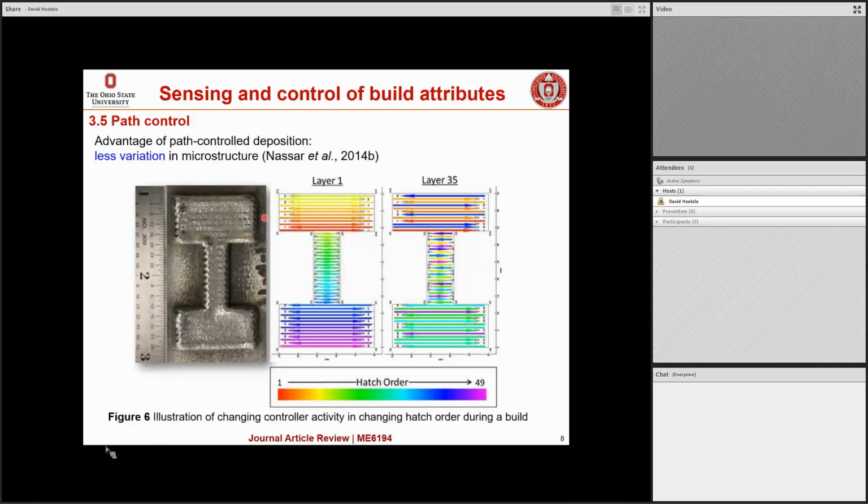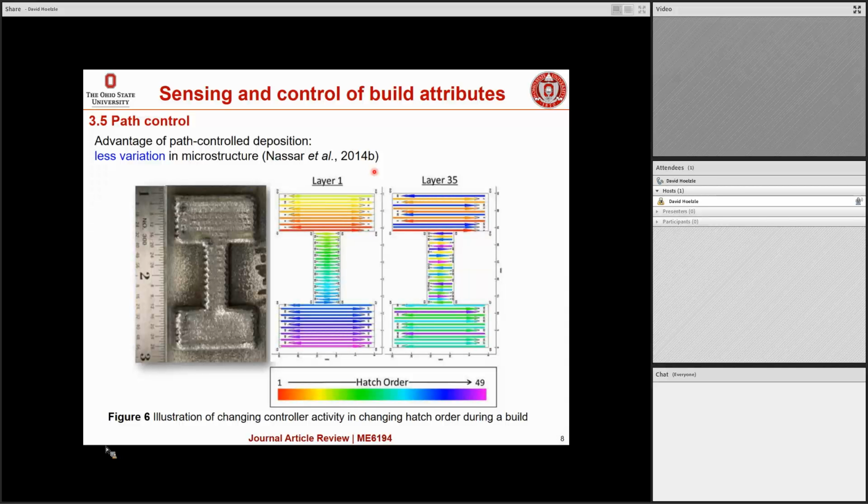Here, this shows the changing controller activity in the changing hatch order during a build. That means the hatch order can be programmed, and you see that layer 1 and layer 5 have different hatch orders.